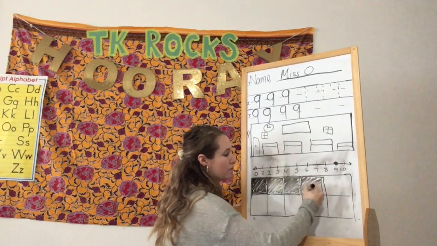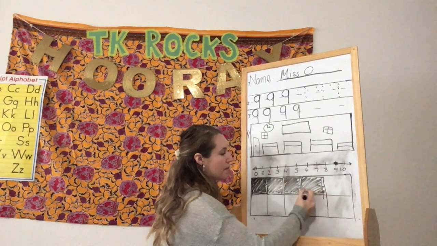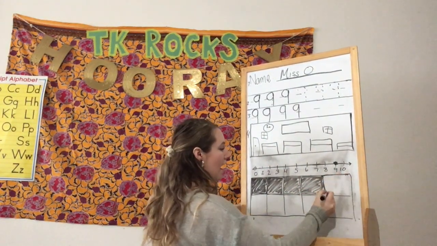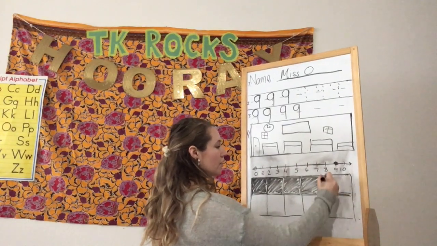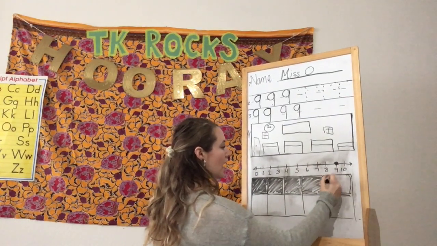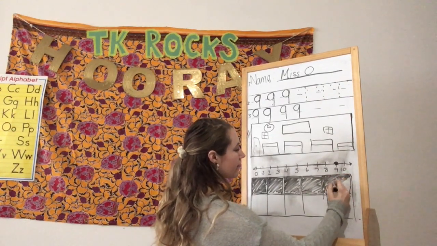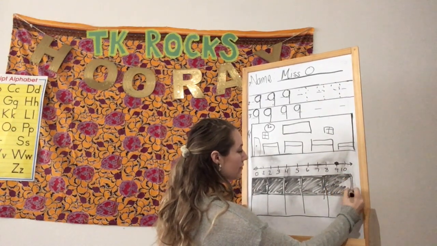That one wasn't super neat. I'm going to have to try a little bit harder to make sure it's neat. And halfway there, 5. Now we can see that we have the entire top row colored in. That's our 5. So now we need to go down to the second row.